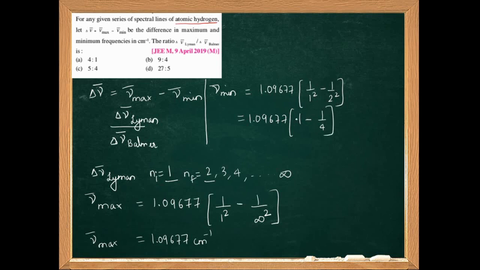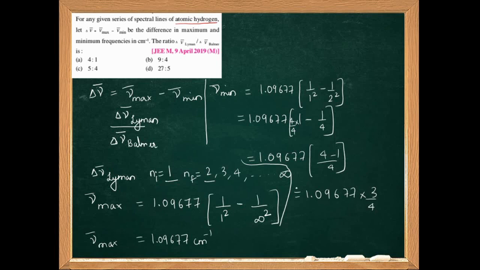I just have to equalize the denominators: 4 upon 4, so it is 1.09677 into 4 minus 1 upon 4, which is 3 upon 4. So this is nu minimum for Lyman: 1.09677 into 3 upon 4.